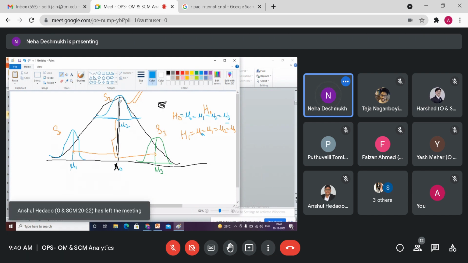Variation within the distribution or within the variable means here in the distribution itself. I repeat, when the term is mean difference between the variables, it means mu 0, mu 1, mu 2, mu 3. Variation within the distribution means between this, right?